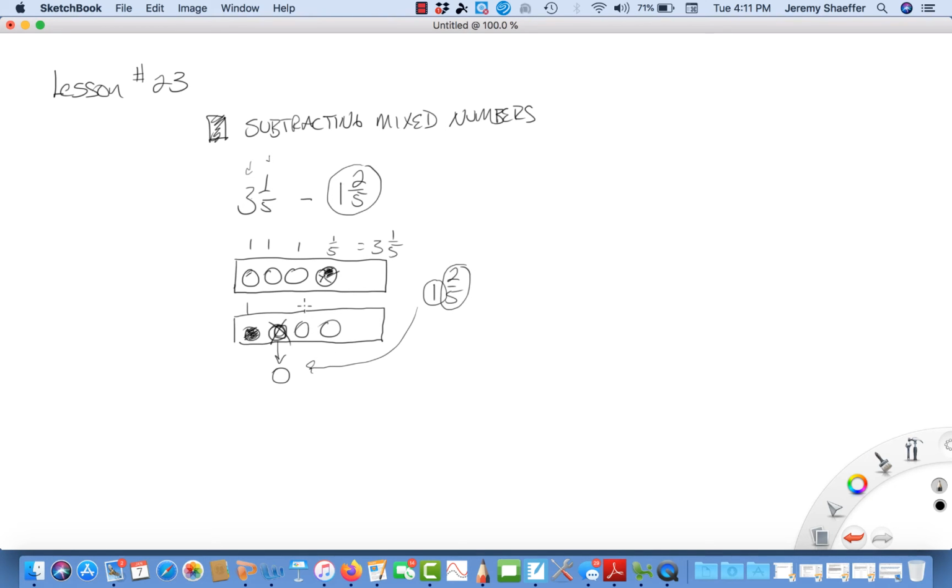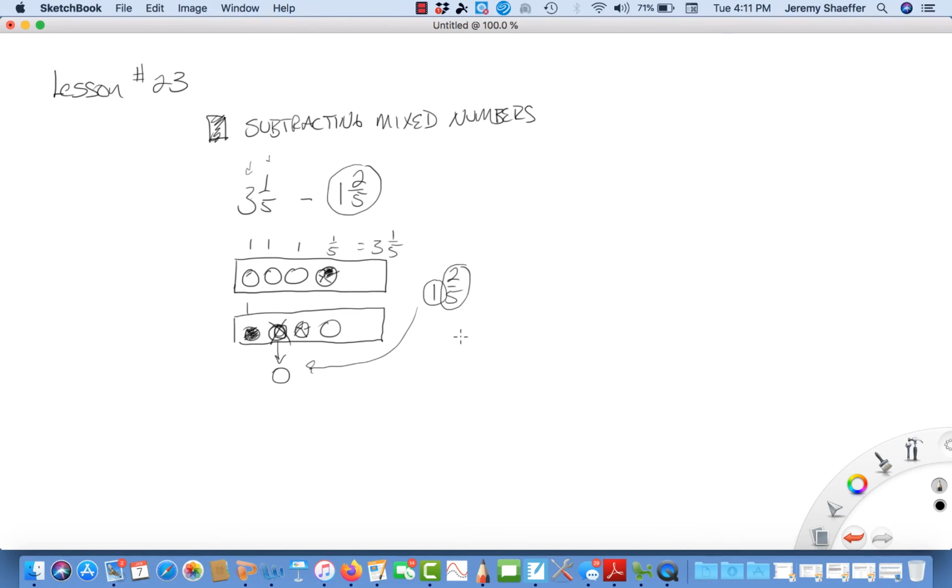Well, how do we do that? Well, we said that this pie can be broken down into fifths. When we take out one pie and we add that, we can basically say that we have 6/5.